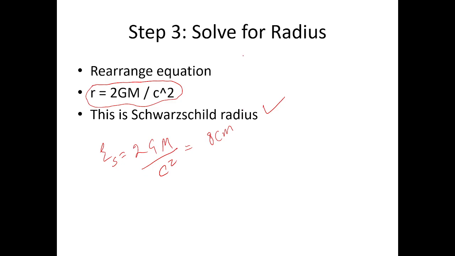The whole mass of the earth will be accumulated in a region whose radius is 8 centimeter. So in that situation, the earth will behave like a black hole.